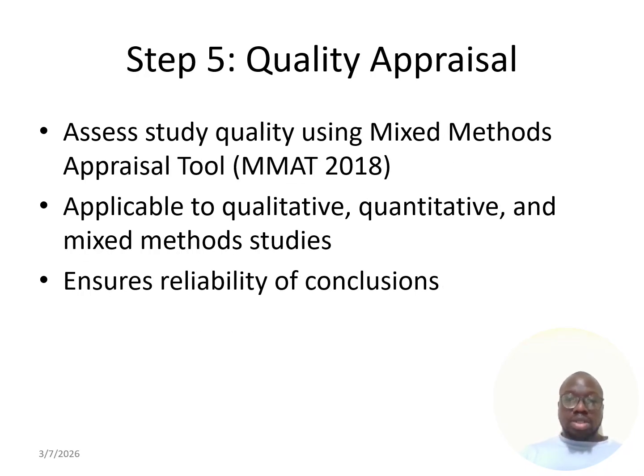And there's something called quality appraisal, which I said I'll talk about. The quality appraisal is about how you rank the articles to know what weight they carry in terms of evidence. So you will develop a template, and each of the articles will be ranked based on the quality of work that has gone into it.